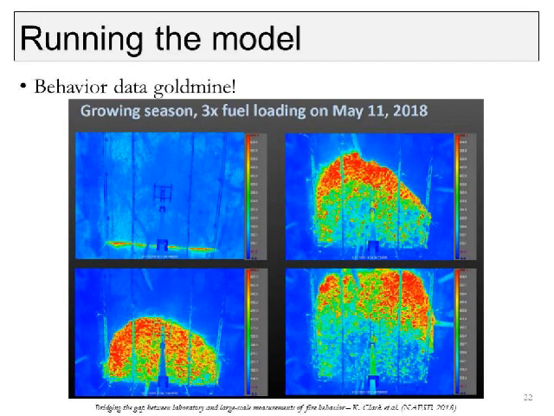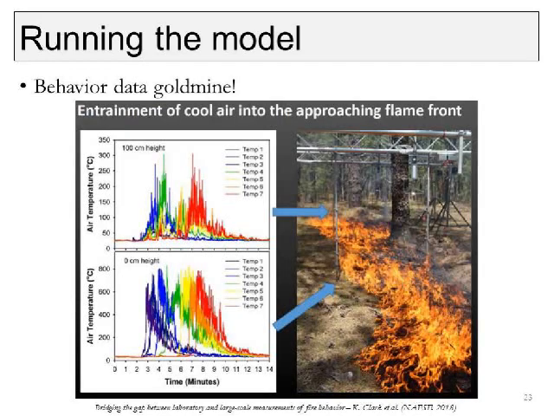But we also have some more detailed measurements of the actual processes that are driving the fire behavior. An example here being temperature measurements that were made close to the fuel layer and a meter above the fuel layer, and how those differ due to the flame structure and the plume structure.